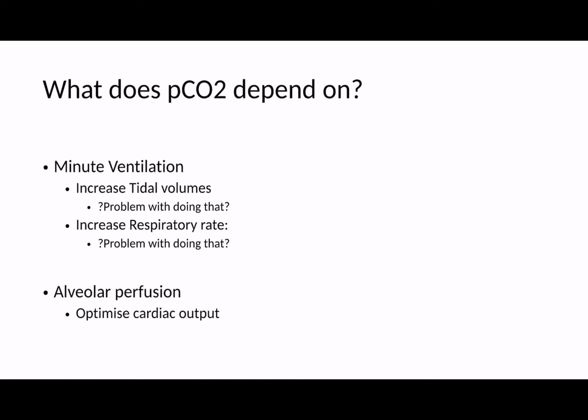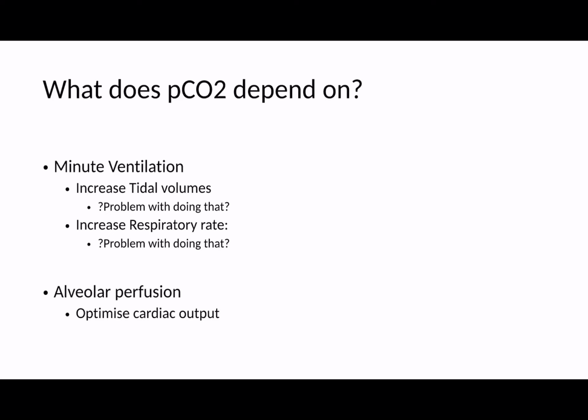Now, some of you who know a little bit more about advanced ventilation know that that is slightly more nuanced. And when we think about things like high frequency oscillation or APRV, carbon dioxide removal is a little bit more complicated than just your minute ventilation. But for the purposes of basic ventilation, just think of your tidal volume and your respiratory rate.